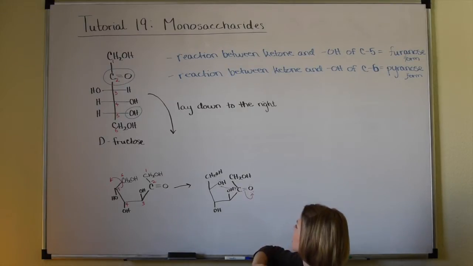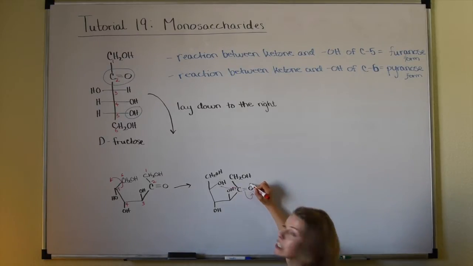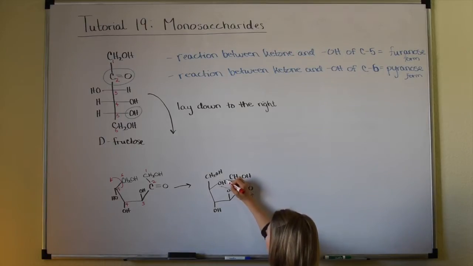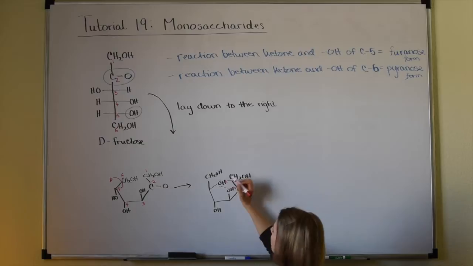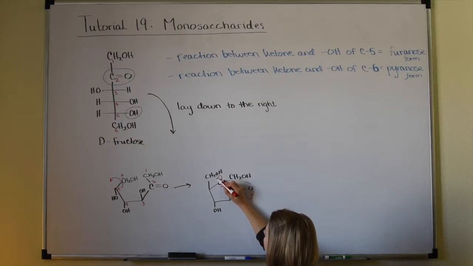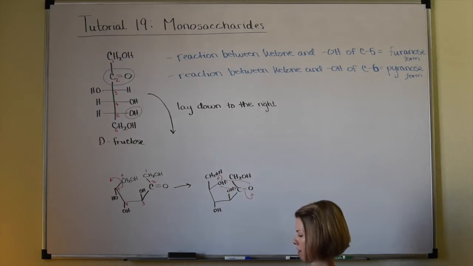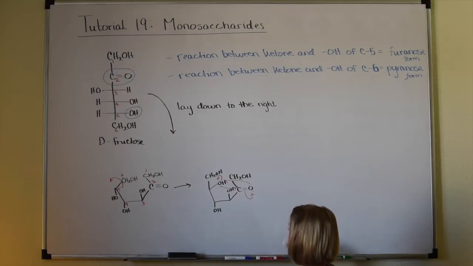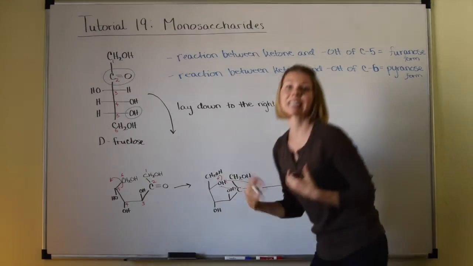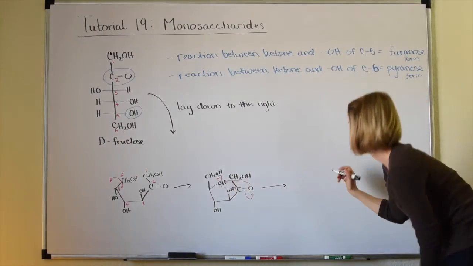Double bond turns into a single bond. Partial negative oxygen attracted to the partial positive hydrogen, and this bond breaks. Okay.